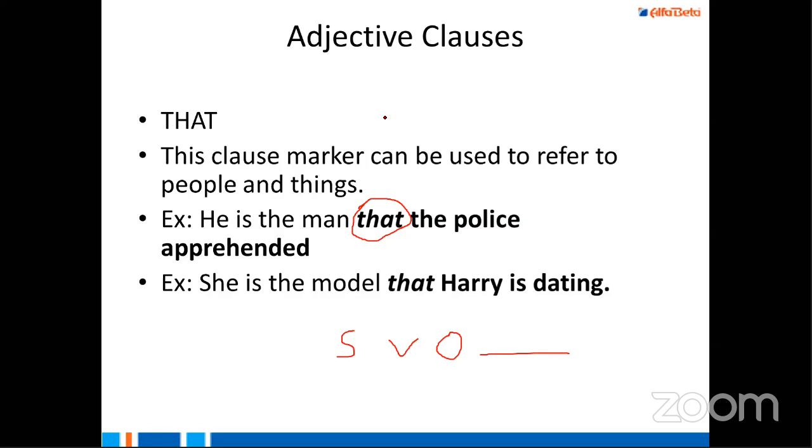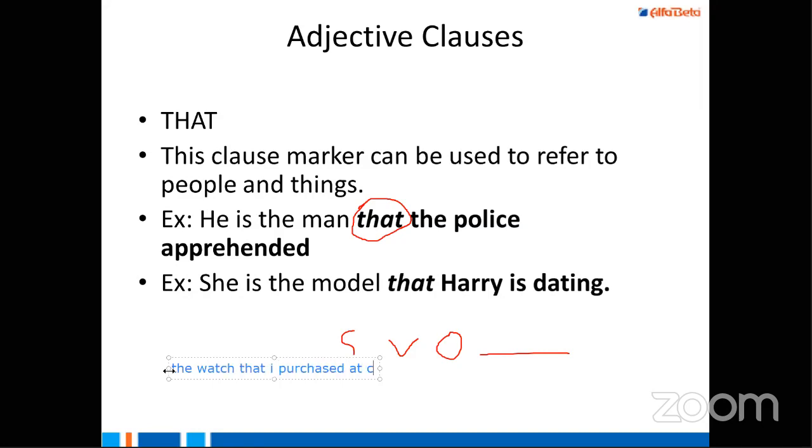Now, let me give you an example. Here's my example. Watch is a thing, and that has been used perfectly to describe the thing. The independent clause in my example is the watch has been stolen. The full sentence is the watch that I purchased at Christmas has been stolen.